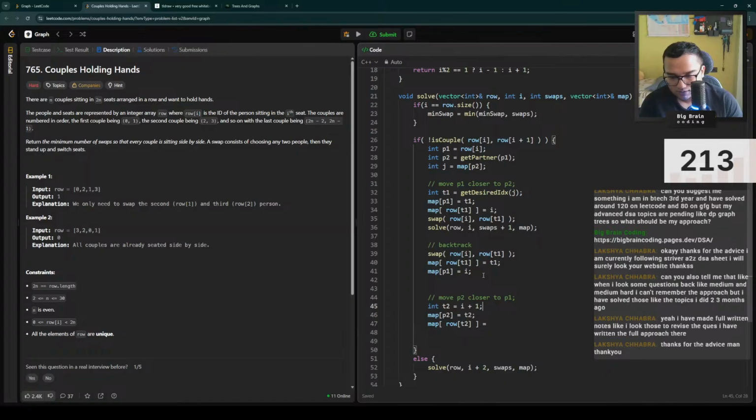T2 is the position where I need to move P2 closer to P1.